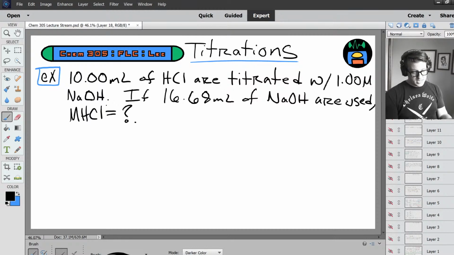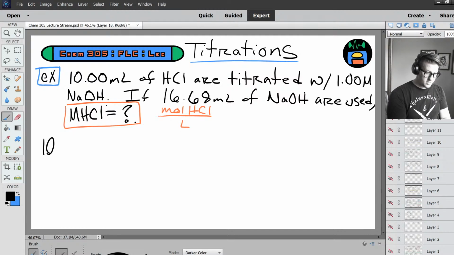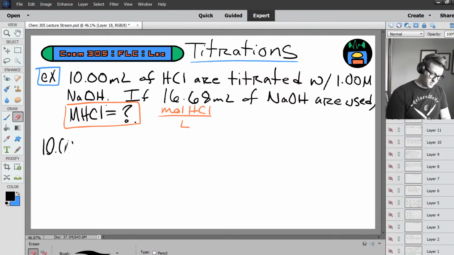All right, so again, we need moles of HCl over our volume in liters. We know that we have 10.00 milliliters of HCl.